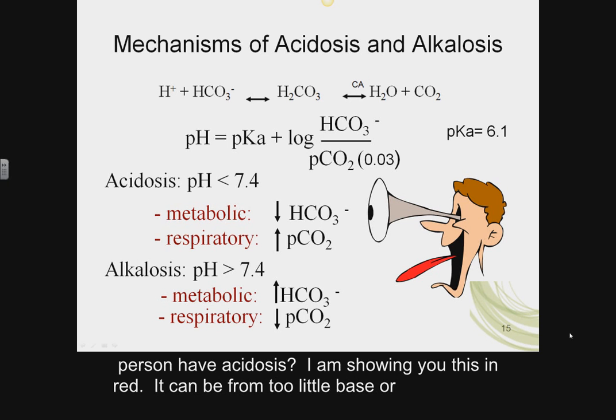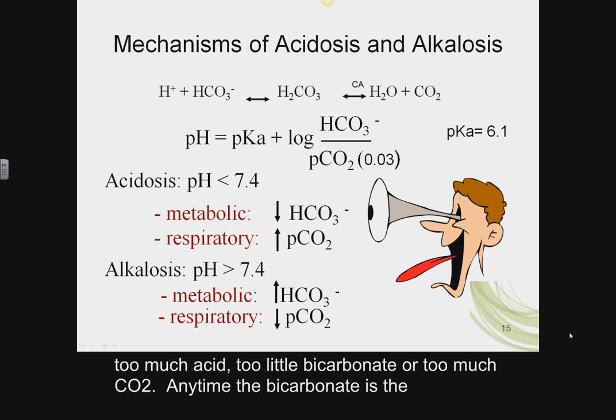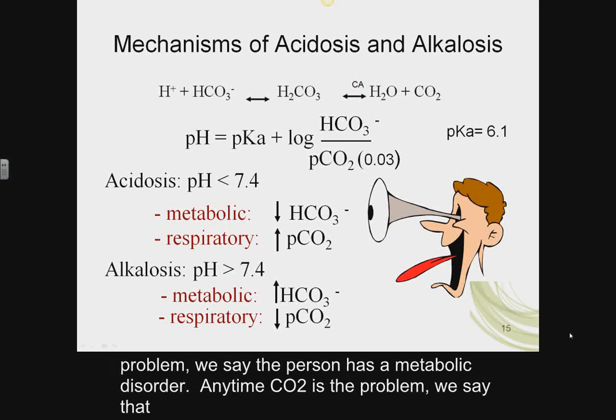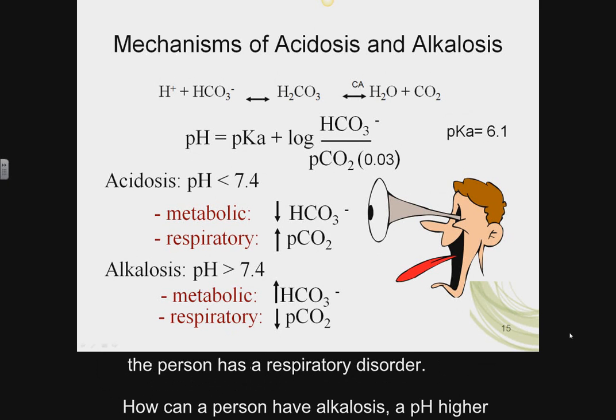How can a person have acidosis? I am showing you this in red. It can be from too little base or too much acid, too little bicarbonate or too much CO2. Anytime the bicarbonate is the problem, we say the person has a metabolic disorder. Anytime CO2 is the problem, we say that the person has a respiratory disorder.